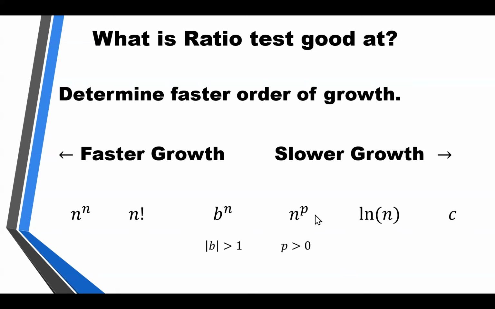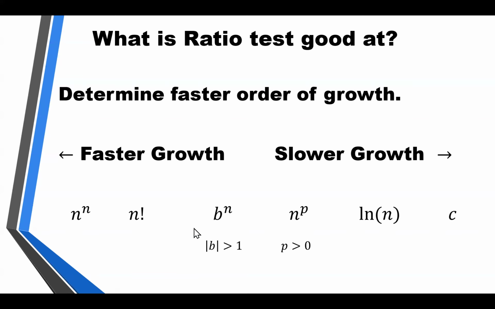N to a power grows faster than natural log. Exponential grows faster than n to a power. Factorial, we just saw, grows faster than exponential. And n to the n grows faster than factorial.